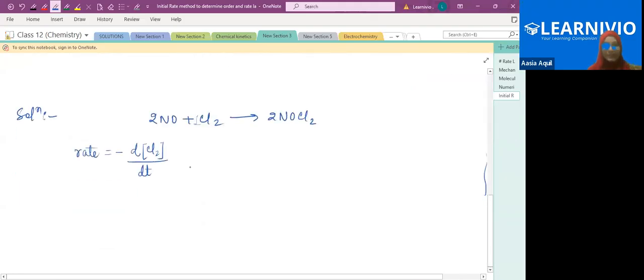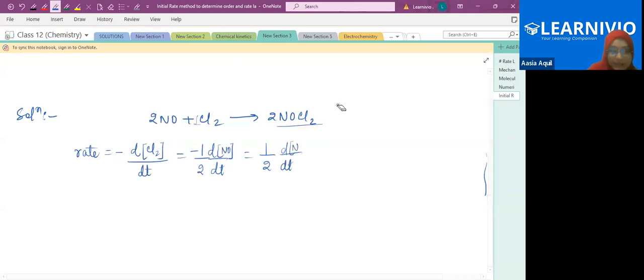So it's minus d upon dt of Cl2, which is equal to minus 1 upon 2 d upon dt of NO, which is equal to 1 upon 2 d upon dt of NOCl. Sorry, this is not Cl2, this is NOCl.